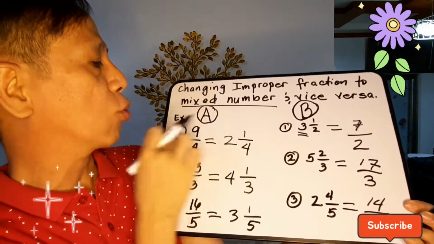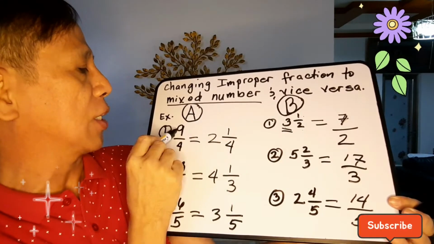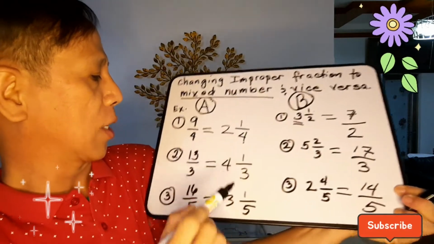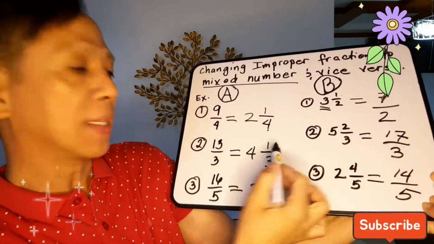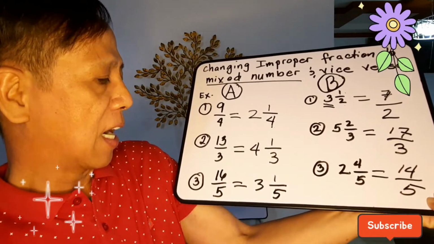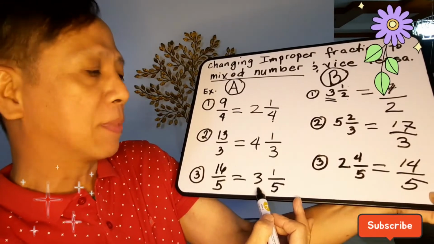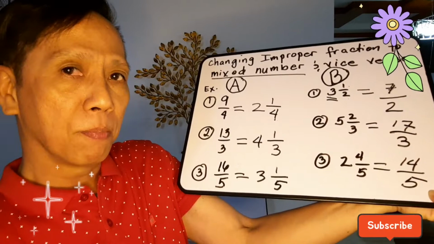Pabaliktad. Mix to improper. 4 times 2 is 8 plus 1, ayun, 9 over 4. Number 2, 3 times 4, 12 plus 1, ayun, 13 over 3. Number 3, 5 times 3, 15 plus 1, 16 over 5.